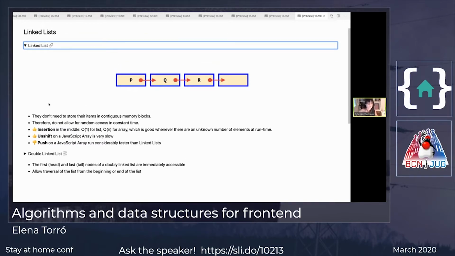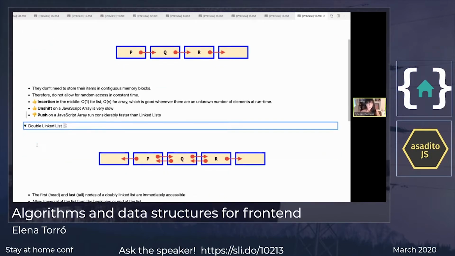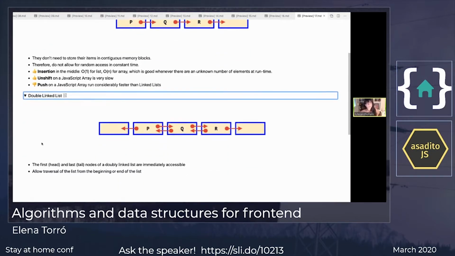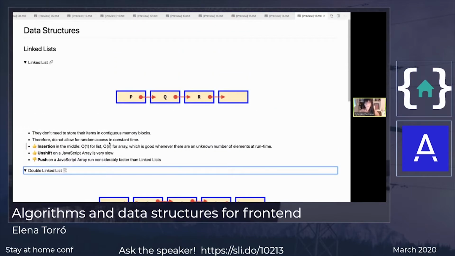However, depending on the use case, you may need to use an array instead of a linked list, for example, if you're going to do a lot of push operations. A doubly linked list is the same, but each item is also linked with the previous one, and you can directly access the first and the last element in the list.